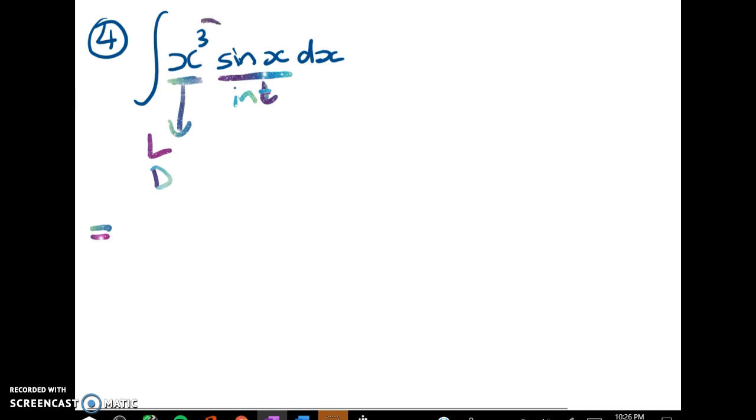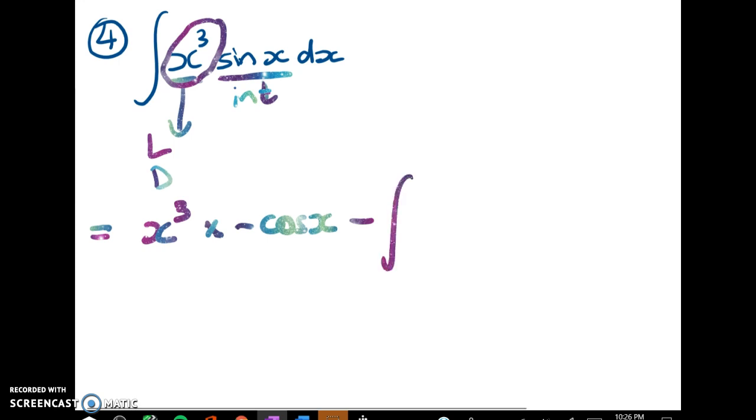But let's get started. So this thing here, I'm going to leave. It's going to be x cubed times, now the integral of sine x is negative cos x, right, minus, differentiate this bit now, so minus 3x squared times the integral, which is negative cos x dx.